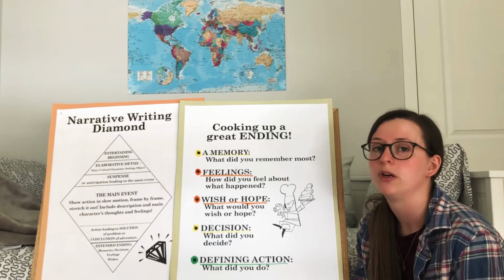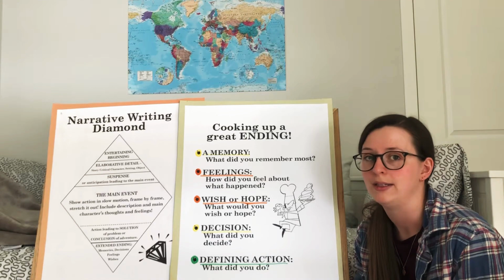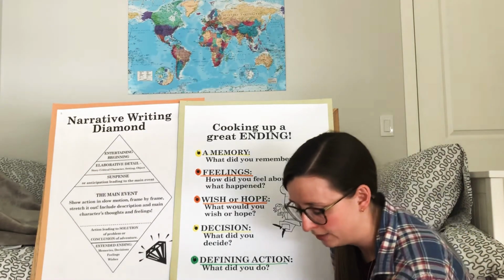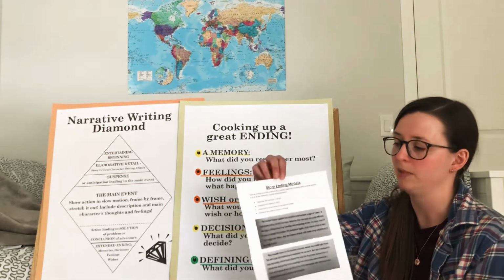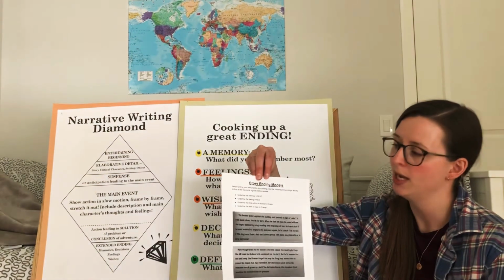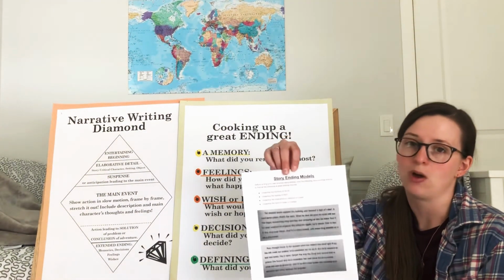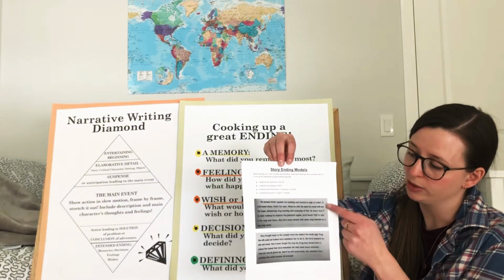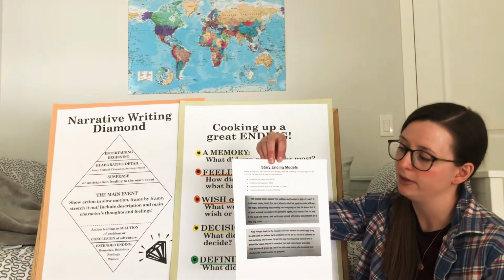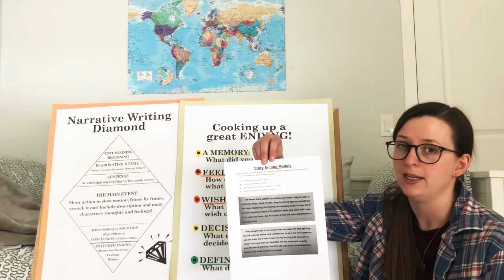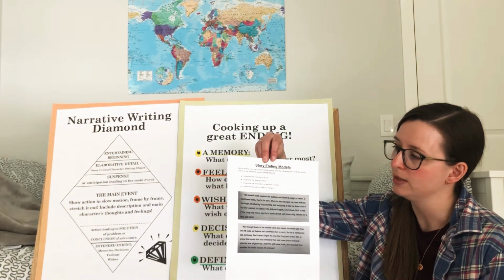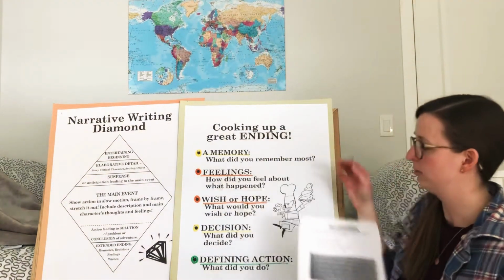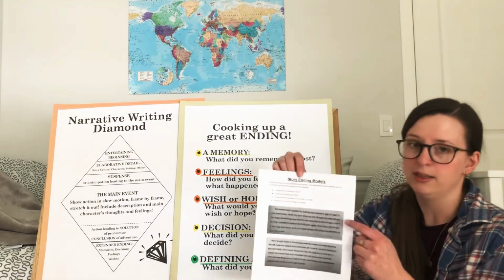Now, before you start writing your ending, there is an activity in your handout that's been shared with you in your daily email. On the first page, it's story ending models. In the boxes, there are two examples of some good endings, and it's your job to read through them and try and figure out if you can find all of these elements in these two endings.